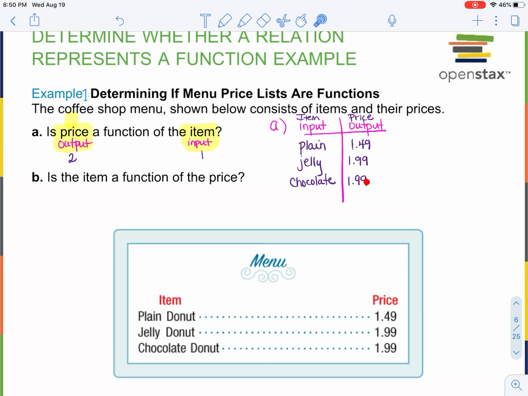A chocolate donut is $1.99. And it doesn't matter that jelly and chocolate cost the same as long as jelly only has one price. It doesn't have two different prices. It has one price. Chocolate has one price. So in this case, is price a function of the item? Yes, it is a function.